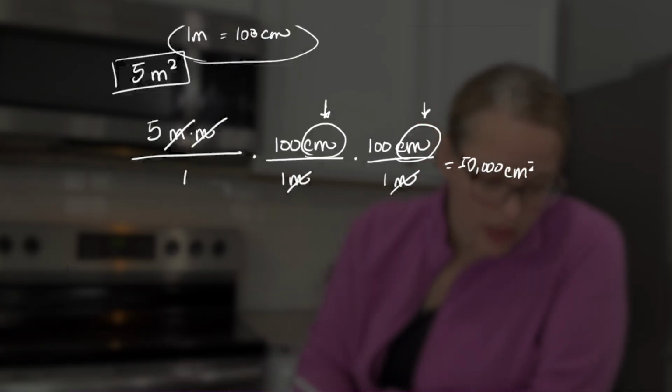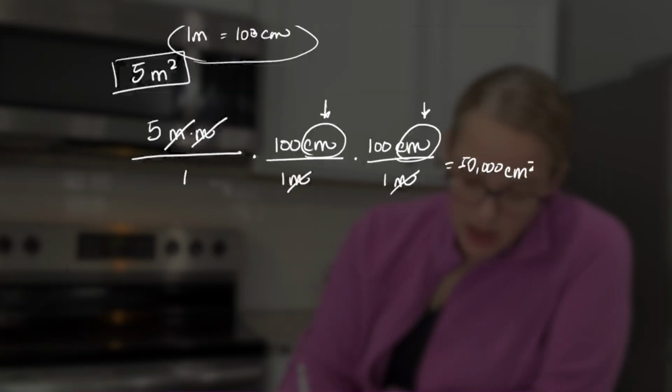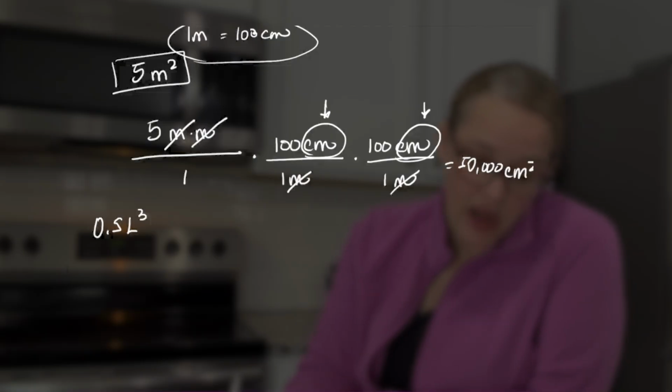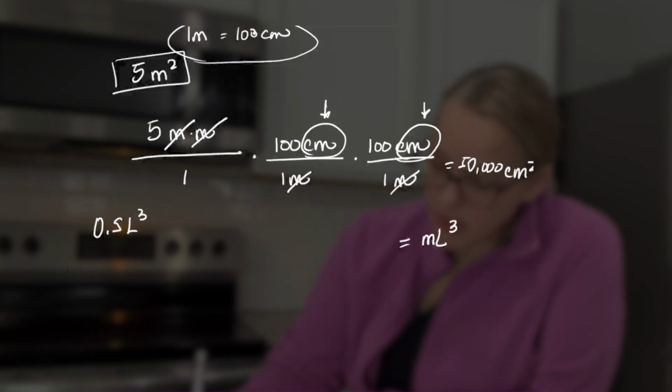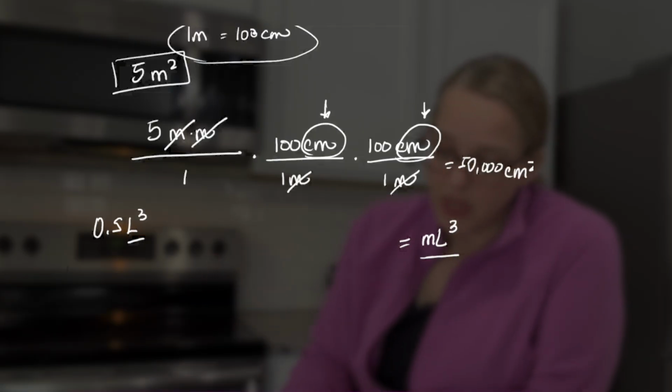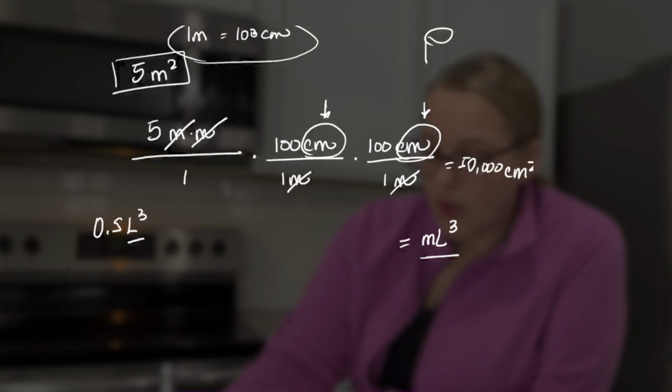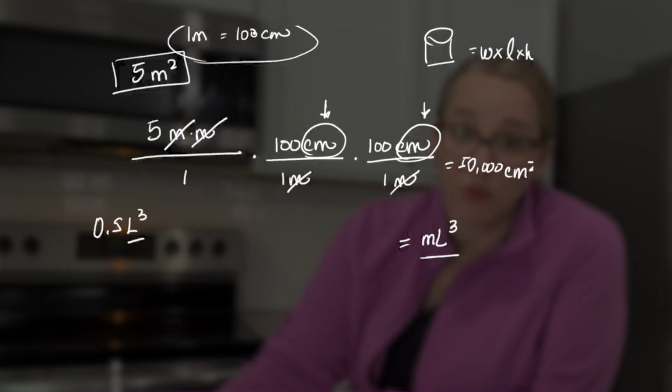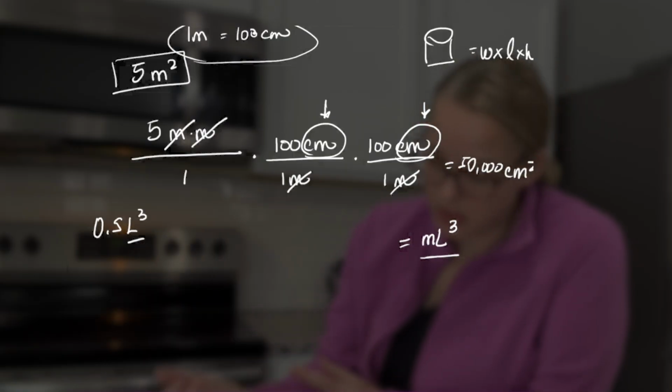Let's do one more example from that one. If I have 0.5 cubic liters and I want to figure out how many cubic milliliters, that's what I'm ending up with, right? Because I'm going to go from volume to volume, and volume is measured in cubic things. When you've done volume of things before, you know that it's width times length times height, so you end up with a cubic something as your answer.